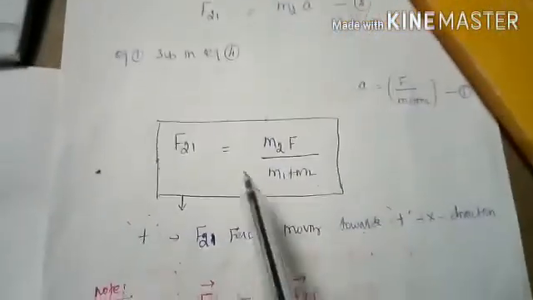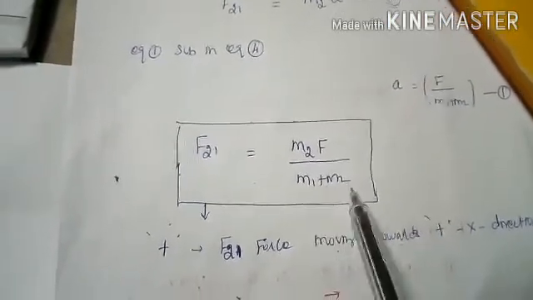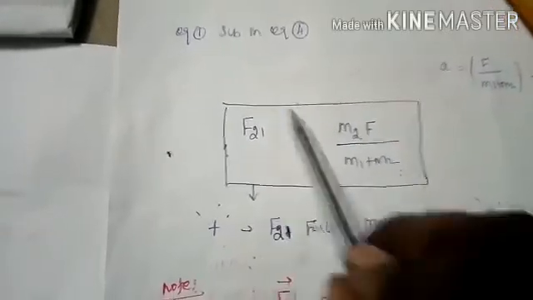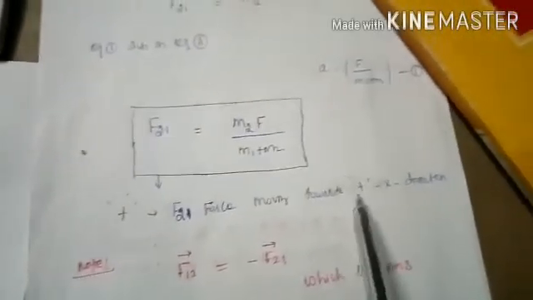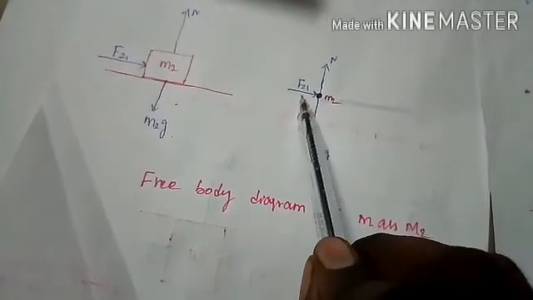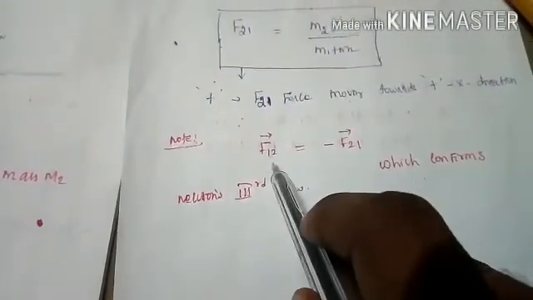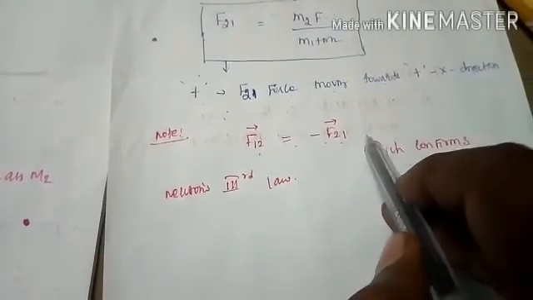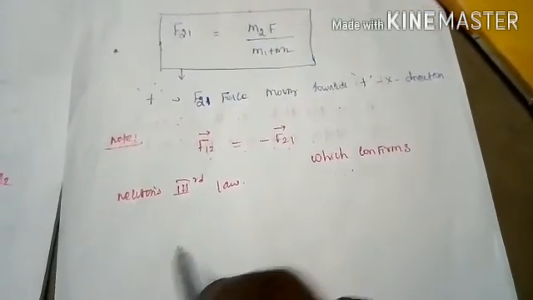Substituting this in equation 4, finally we get F21 equal to m2 F divided by m1 plus m2. This force quantity is positive, so the F21 force is directed towards the positive x direction. Note that the F12 vector equals minus the F21 vector, which confirms Newton's third law. Thank you.